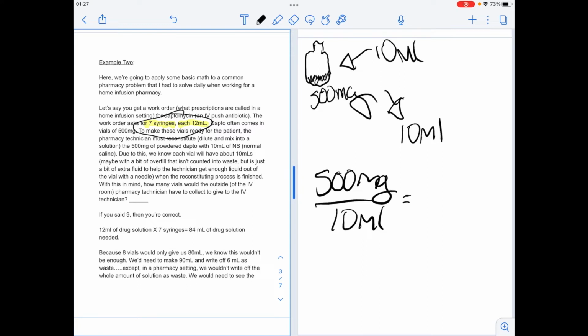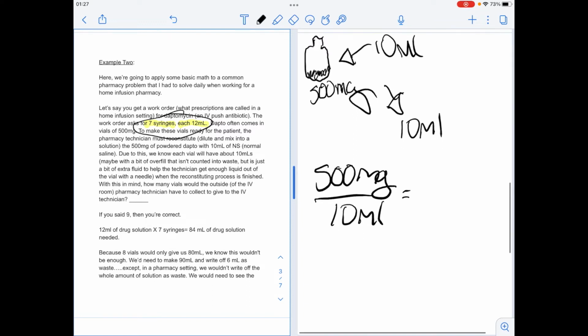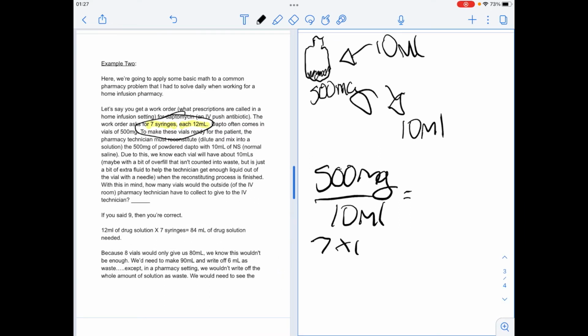So get this out. 7 times 12. So when you do 7 times 12, we get 84 milliliters. So this is the total amount of medication we need to make to fill that order.